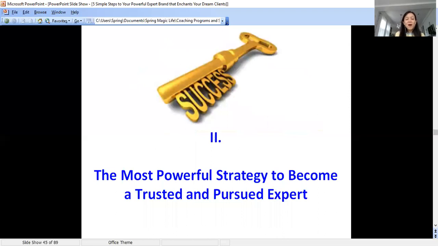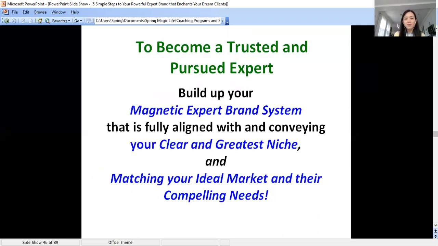So the second part, the most powerful strategy to become a trusted and pursued expert. Cool, right? We all want to learn the most powerful strategy to become a trusted and pursued expert. That means the best strategy is to build your magnetic expert brand system that is fully aligned with and conveying your clear and greatest niche and matching your ideal market and their compelling needs.